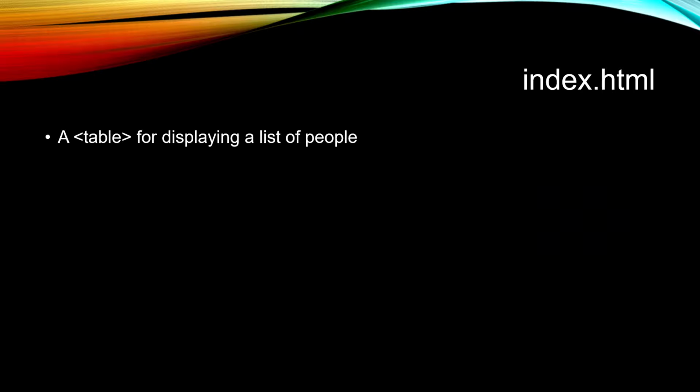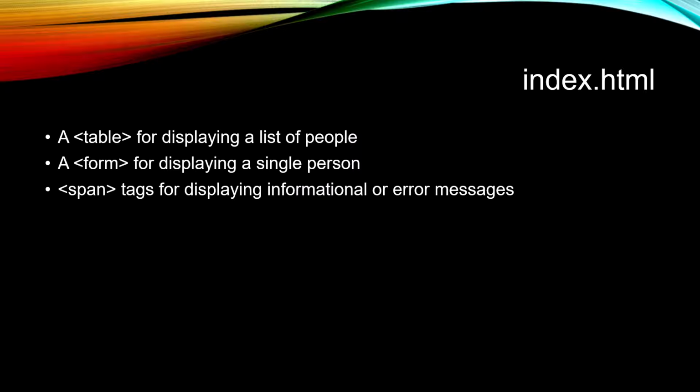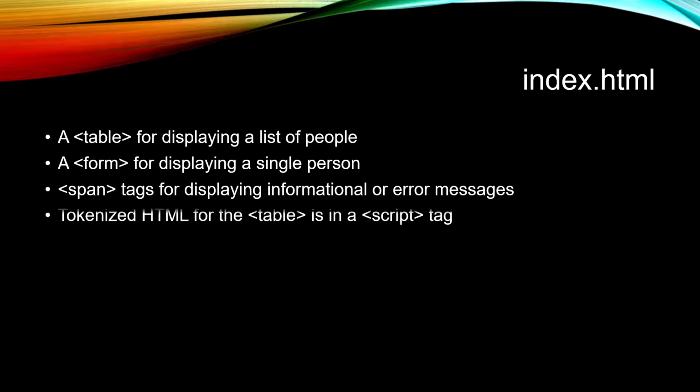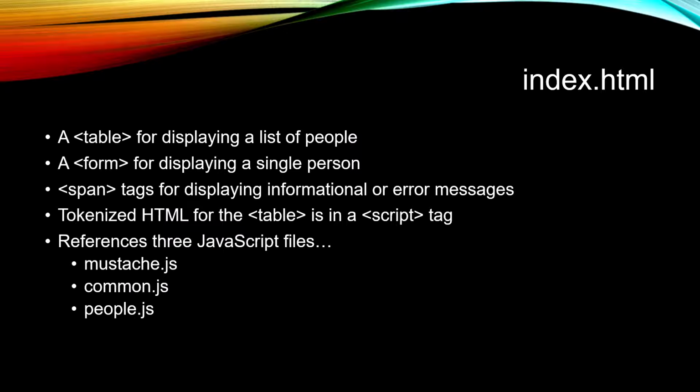The index.html page has the table for displaying a list of people, a form for displaying a single person, span tags for displaying informational or error messages, so you saw each one of these appear on that page at different times. The tokenized HTML for the table is in that script tag that we're going to see in just a minute, and it references those three JavaScript files just like I said.